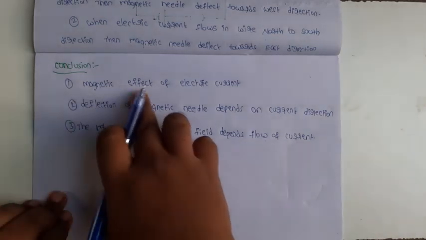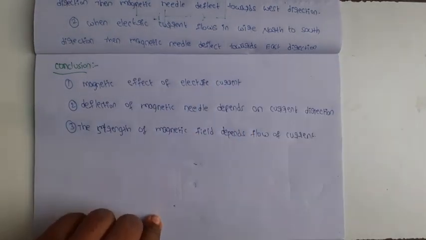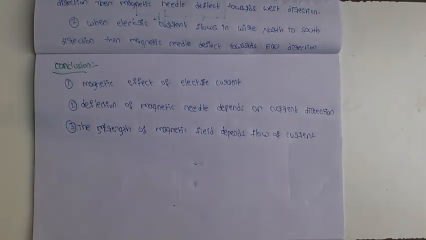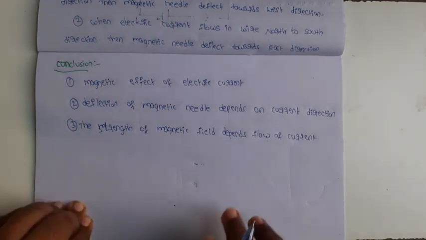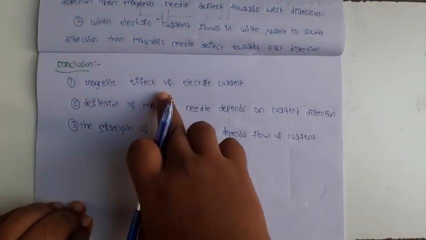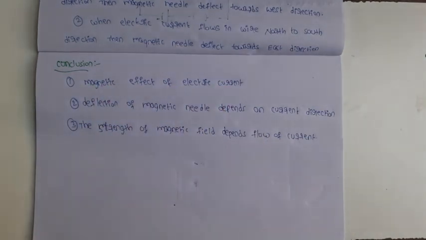Due to the magnetic effect of electric current, our life is going very smoothly nowadays, because electric motors work on the principle of the magnetic effects of electric current.